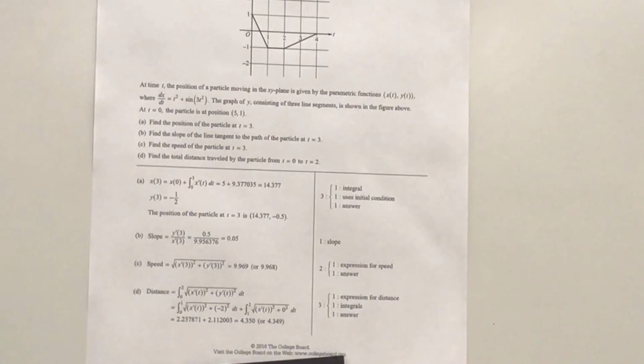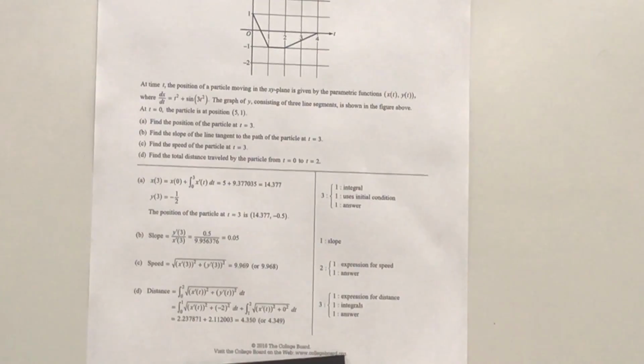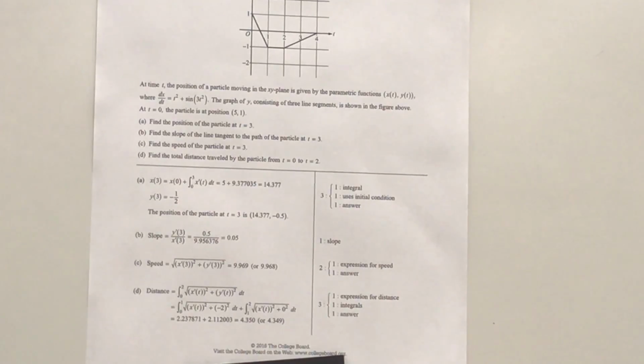And then finally, total distance traveled is a little bit more interesting here in part D than it has been in the past. Good idea to show them just generically at the very beginning there. Hey, I know to find total distance traveled, I'm going to integrate from 0 to 2 my speed expression. All right? And note that gives you a point just for writing that down.